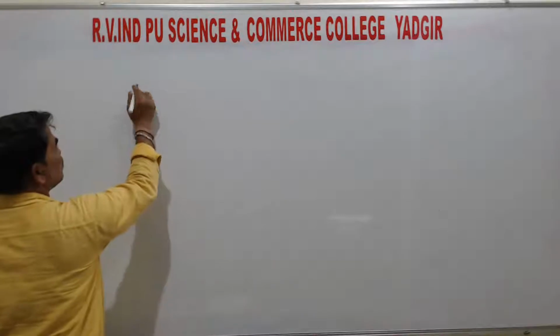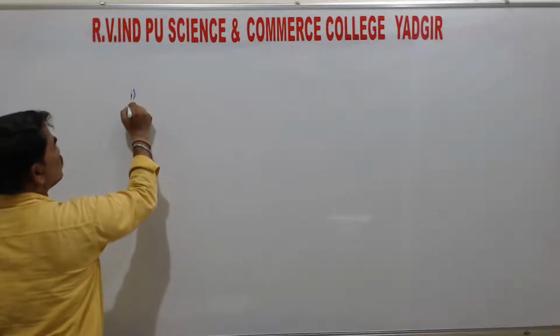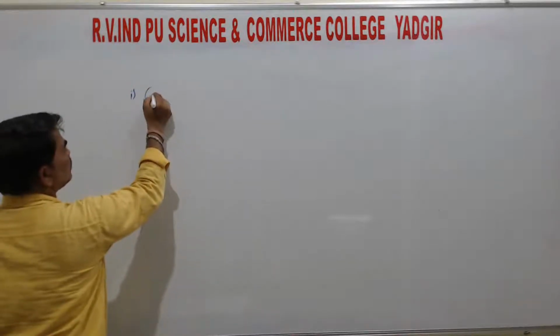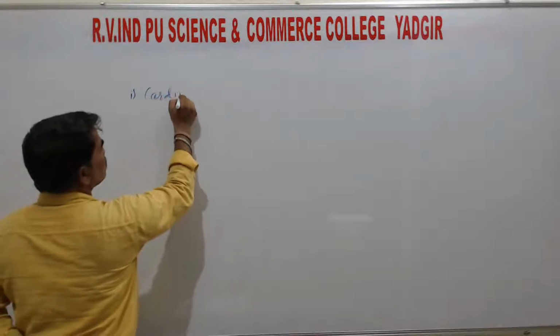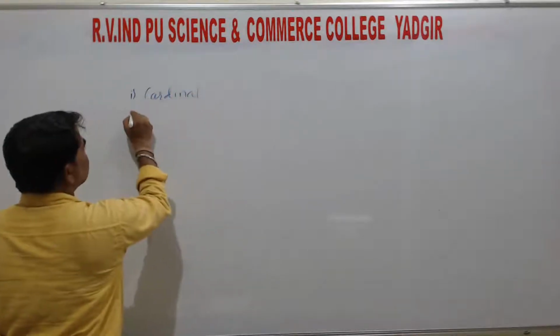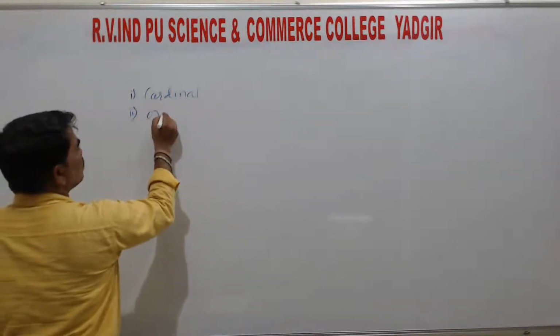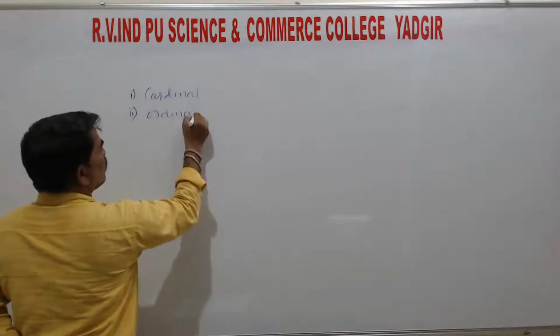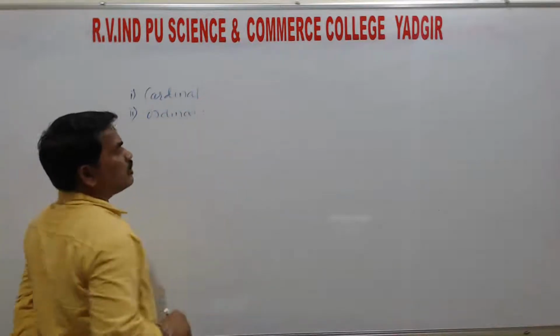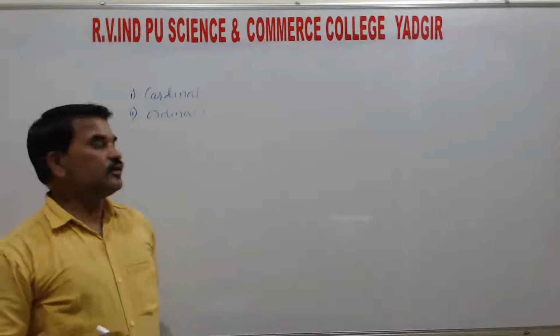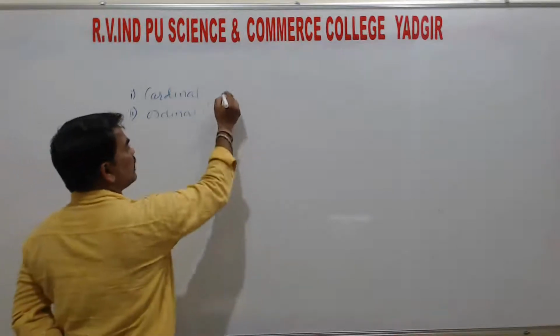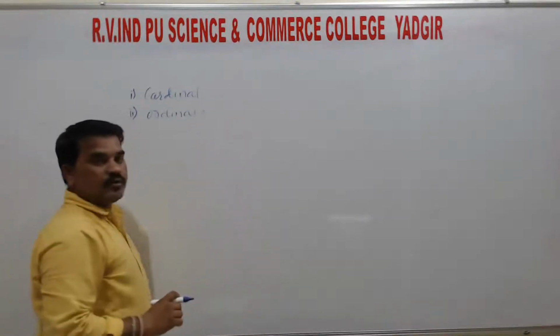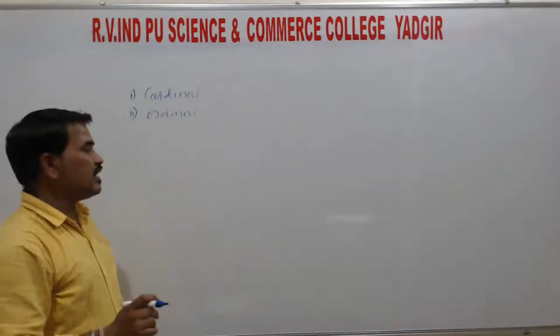So, as we know, there are two methods. One is cardinal, and the second one is the ordinal way of measuring the utility. In the cardinal way, we will try to measure the utility in terms of numbers.